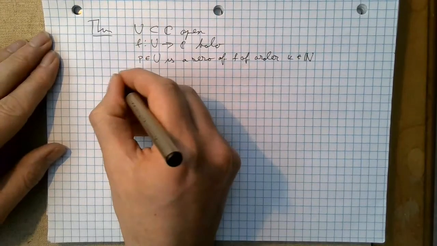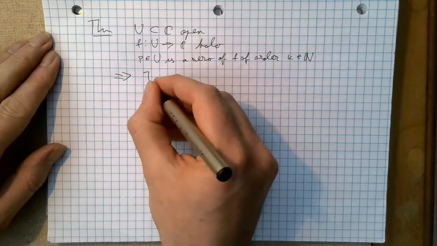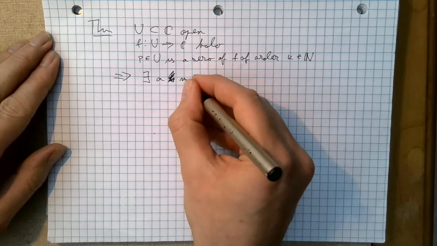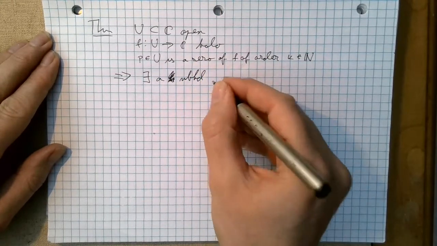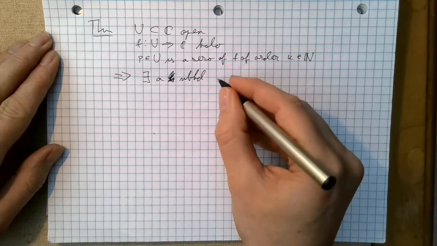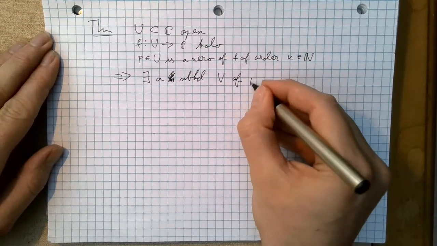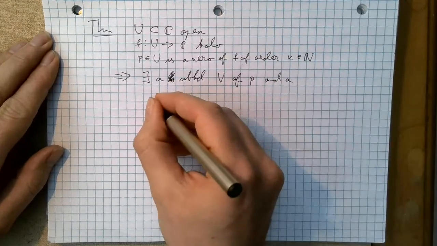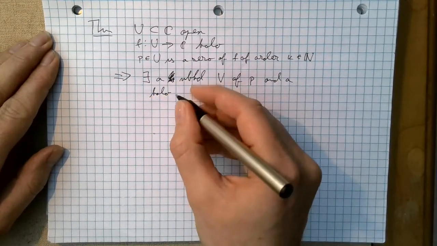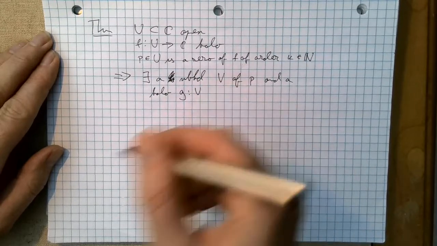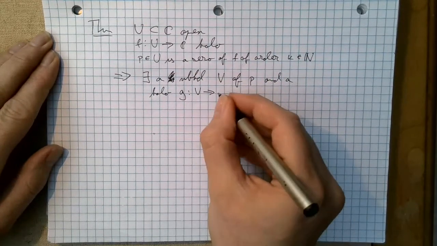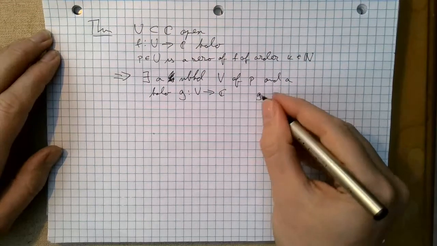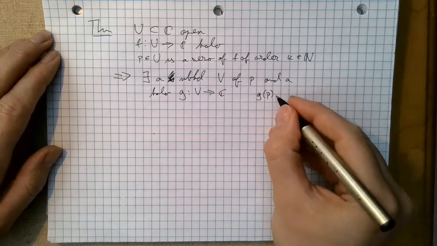Then there exists a neighborhood V of p, and a holomorphic g defined on V such that g will be 0 at p.